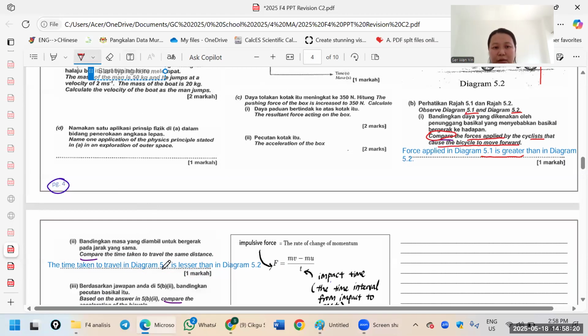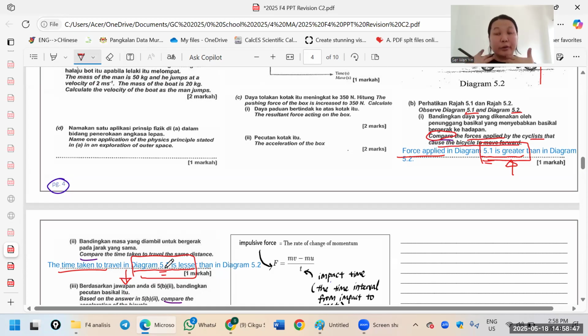Yes, can as long as. Now, so actually if I put 5.1, always 5.1 first, then you can see already what their relationship. So force applied increases, time taken decreases. And see the relationship very easily. That's why I encourage you always put 5.1 in front, 5.2 at the back.